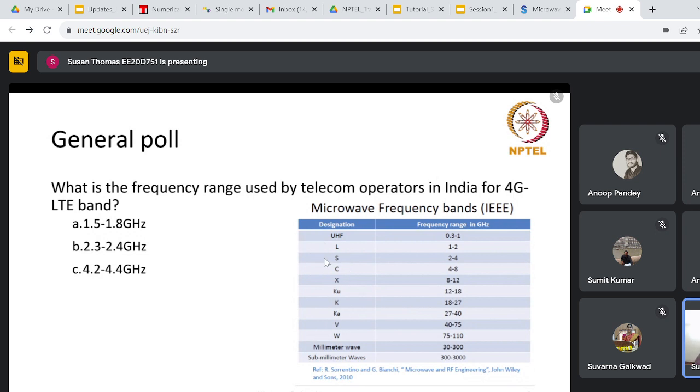Initially, the very first application of microwave engineering was in radars, so we have these different bands of operation in military applications in the defense field. 1 to 2 gigahertz is L band, and S band is 2 to 4 gigahertz, which is very commonly used. C and X bands are mostly used for waveguides, which we will definitely come across in the upcoming lectures and video sessions.